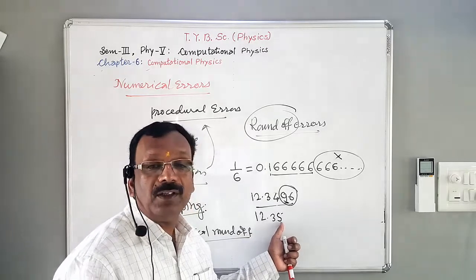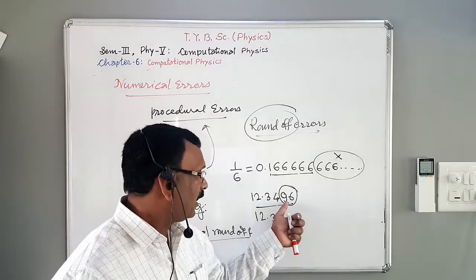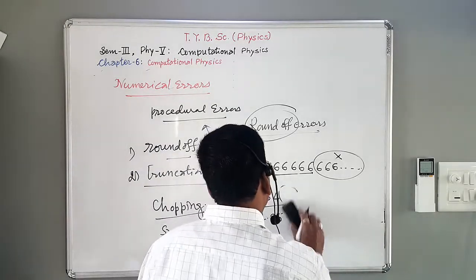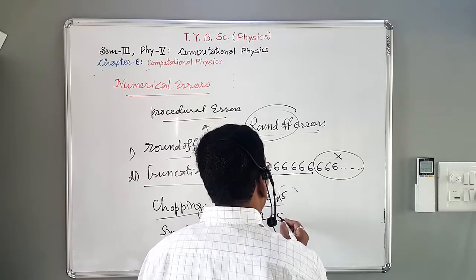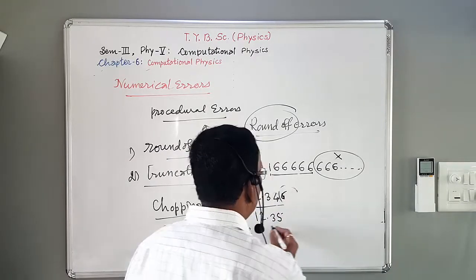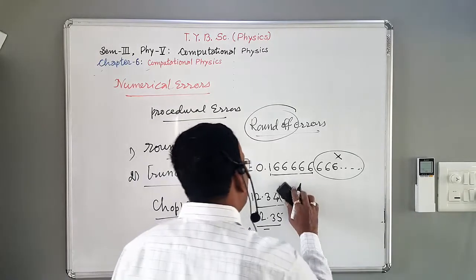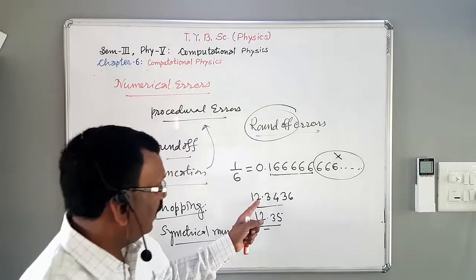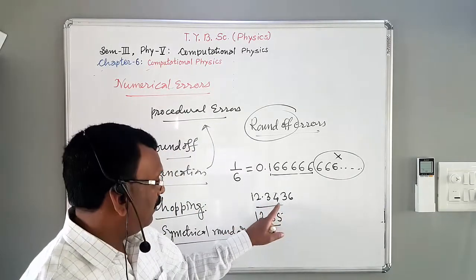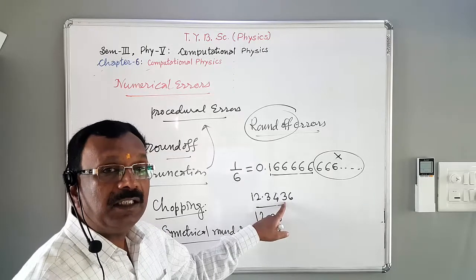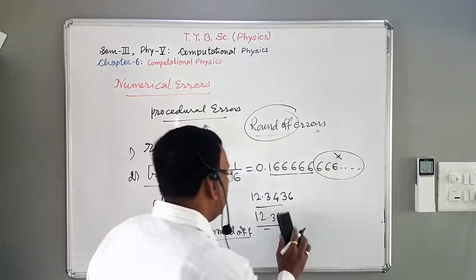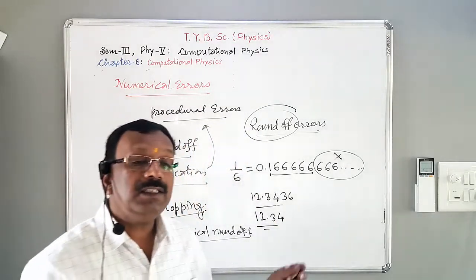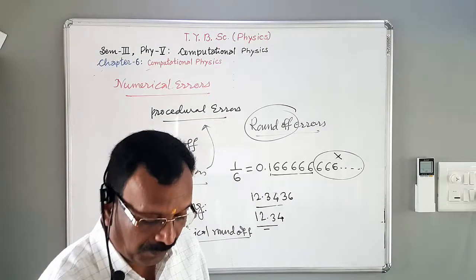Why do we round up by 1? Because 9 is greater than 5. Instead of 9, if there is a 6 or 5, we may also write this. But if instead of this there is 1.3436, the number 3 is not equal to or greater than 5, and hence the result remains the same. Okay. This is nothing but symmetrical round off.